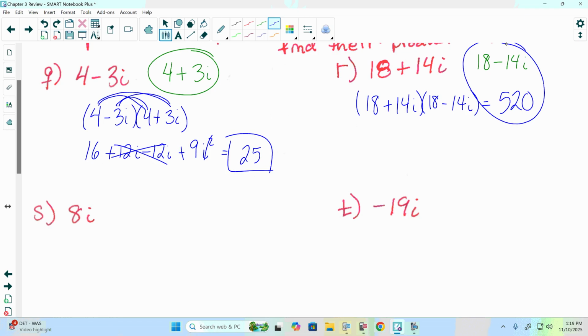And that's it, because we're just switching the sign in front of the term with i.